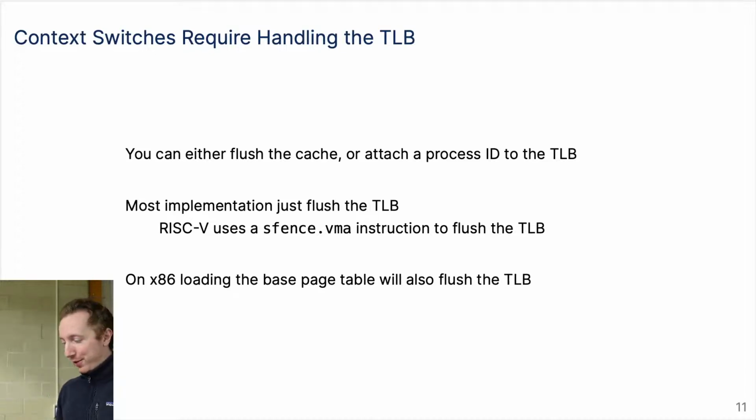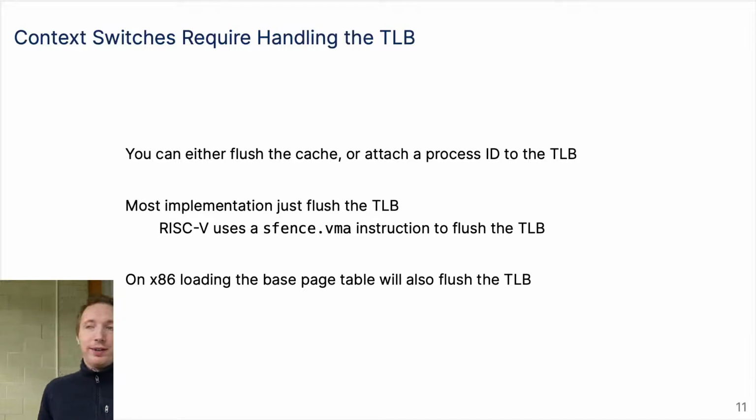So now too, there is a problem with this cache whenever we're switching processes. If we switch processes and we don't do anything with the cache, and the new process that got context switched in happens to use the same virtual address, it would be a cache hit, and then it would map to the old process's memory, and then it could monkey around with that and bad things could happen.